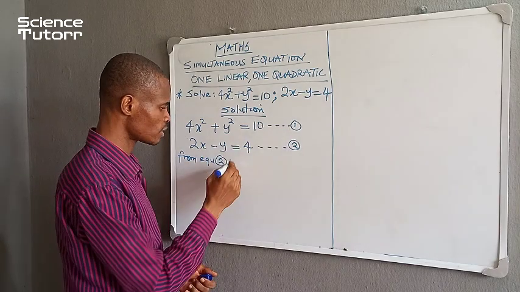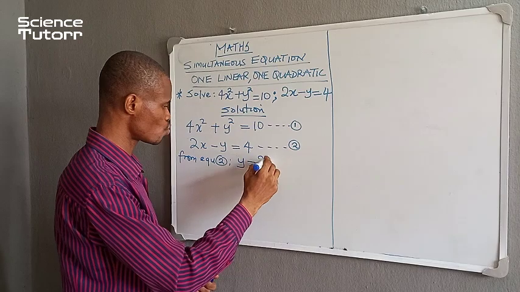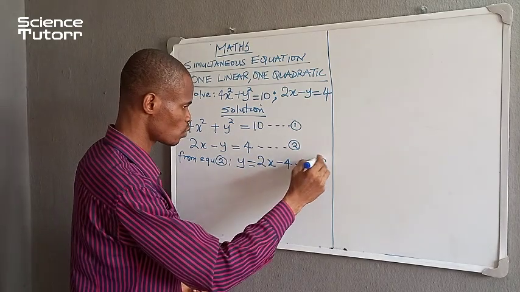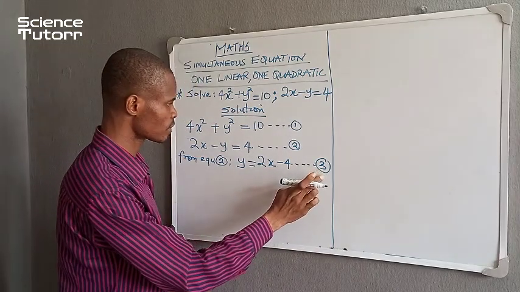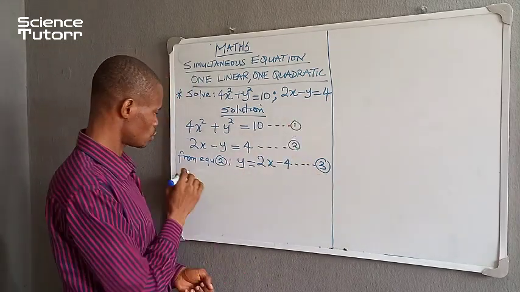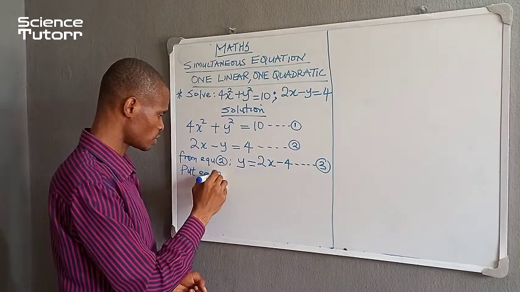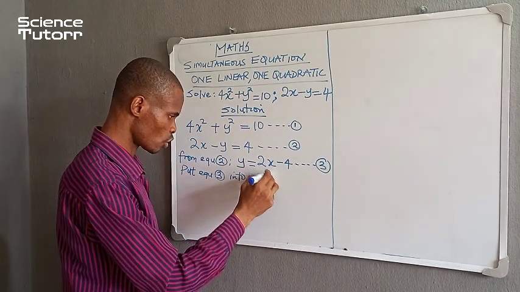So bringing out y to this side, we have y equal to 2x minus 4. I'm going to call this my equation 3. I'm going to substitute equation 3 into equation 1. So I'm going to put equation 3 into equation 1.